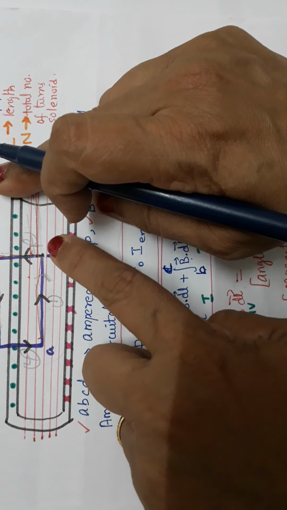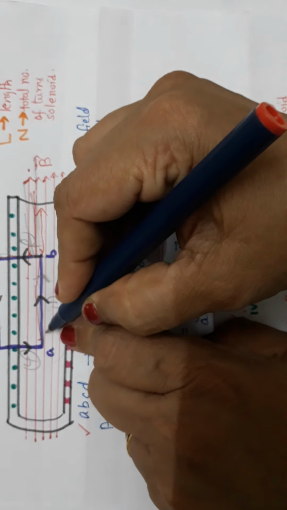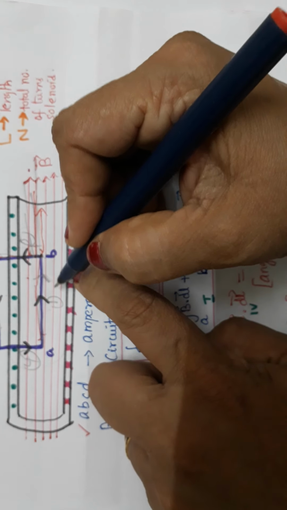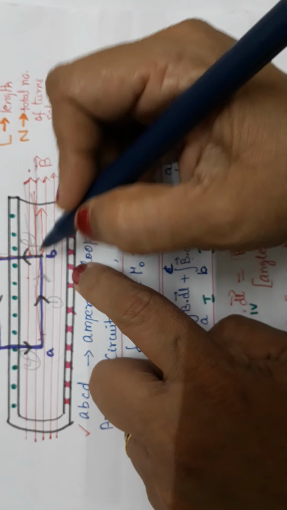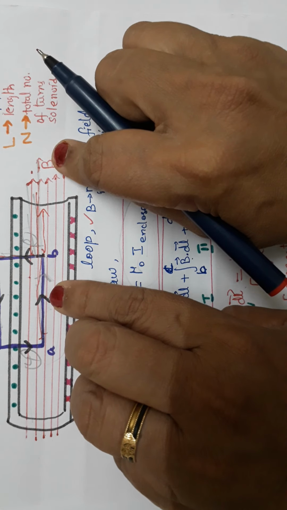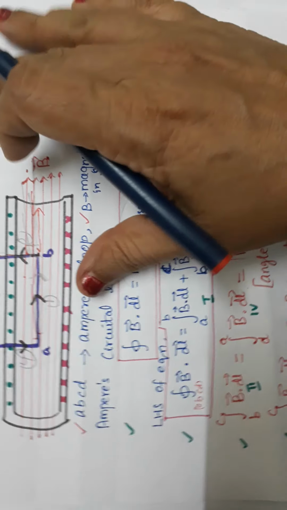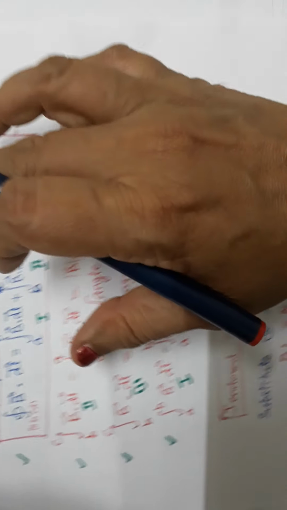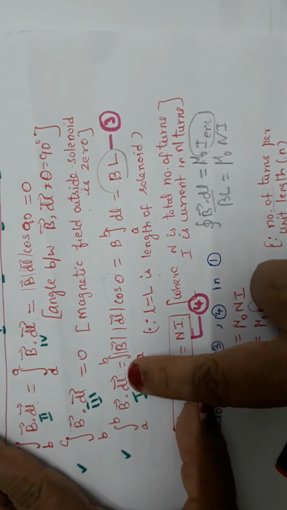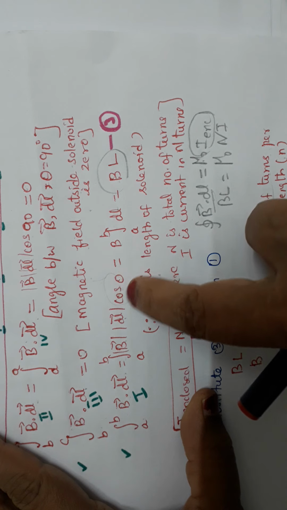B vector is in this direction, dl vector in this direction. So what is the angle between dl vector and B vector? The angle is 0, right? So cos 0, theta is 0. You know that cos 0 is 1.